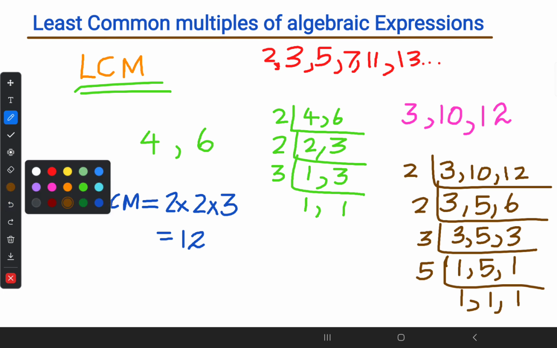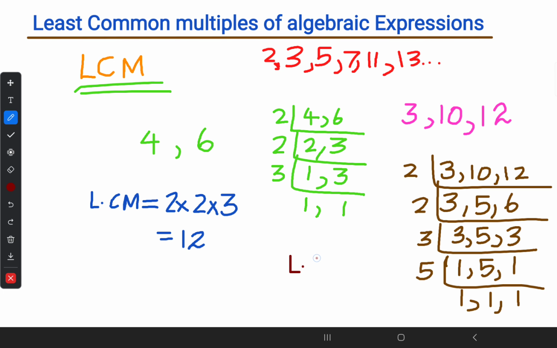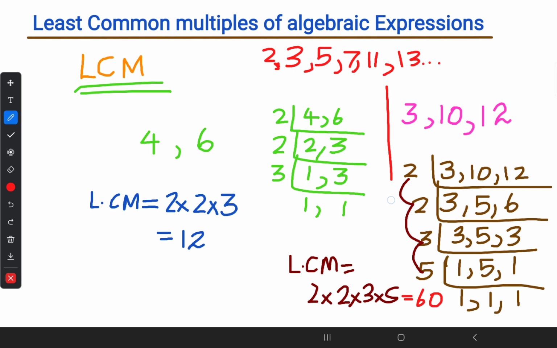Then let's write our answer. The LCM for these three numbers is the product of all these prime factors. So 2 times 2 times 3 times 5. 2 twos are 4, 4 threes are 12, 12 fives are 60. So 60 is the LCM for the second set of numbers.